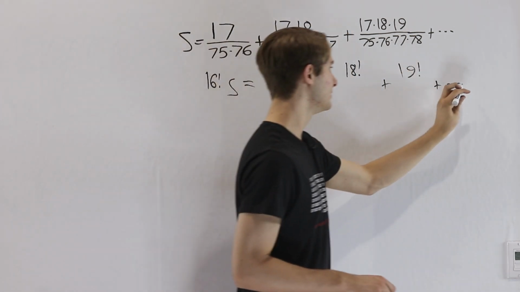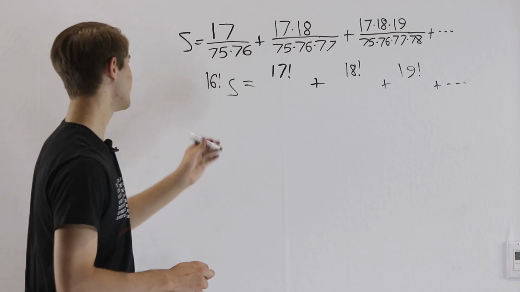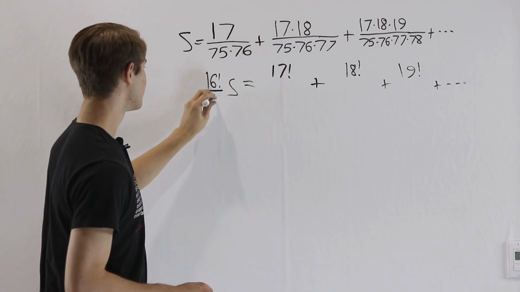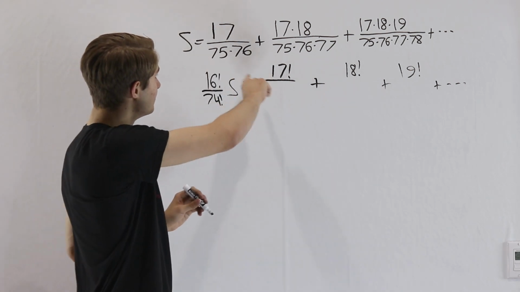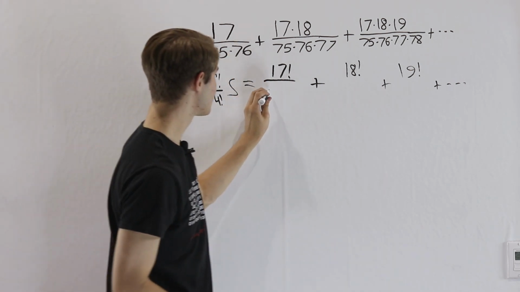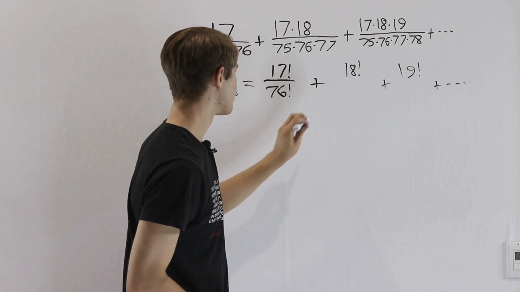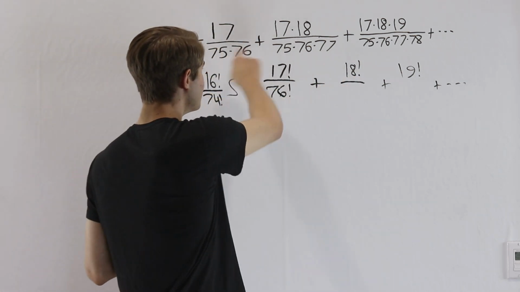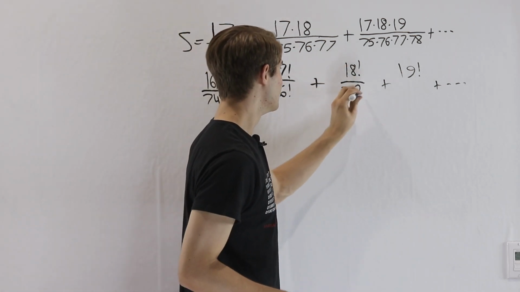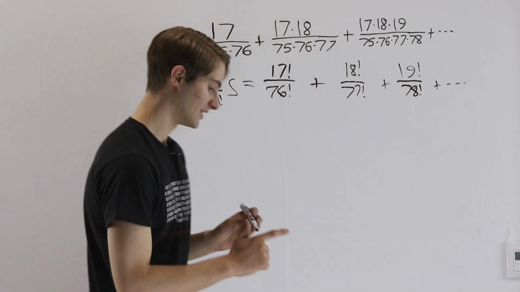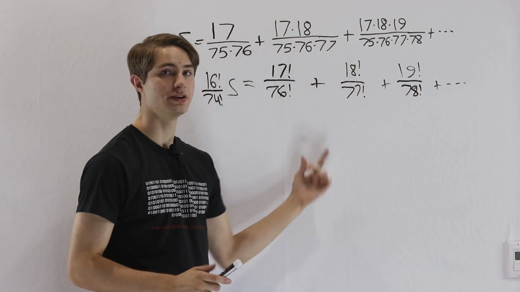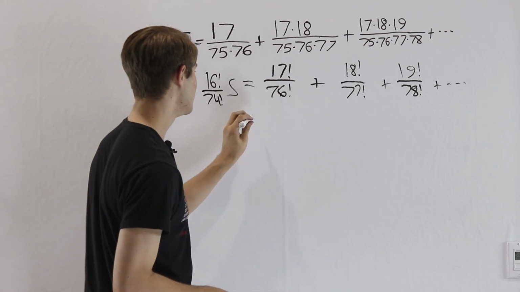So that's nice. Can we do something similar to the bottom? Well, yeah. If we divide by 74 factorial, then on the bottom, for the first one, we get 1 up to 74 times 75, 76 will give us 76 factorial. The next one, we go up to 76 times 77 is 77 factorial, then 78 factorial, and so on, just like this. And now we can write this in terms of a summation.